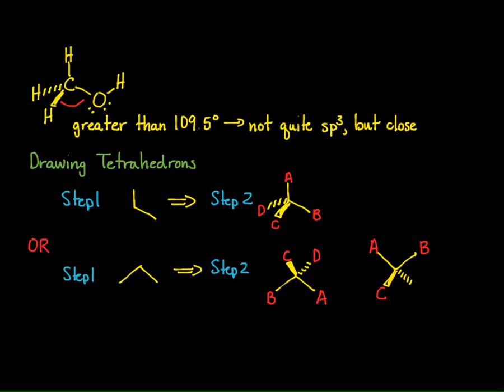C is still coming out at me and D is going behind me. So that's a nice little practice to try to visualize the three-dimensionality of structures, because we're going to be spending a lot of time thinking about how to draw structures and represent them in 3 dimensions. And it becomes very important for organic chemists to do this.